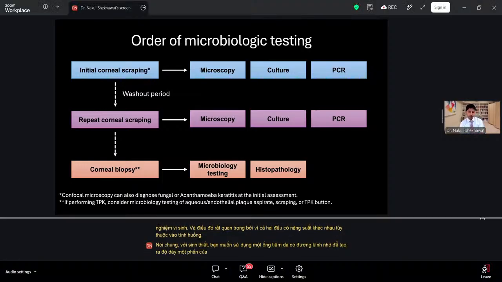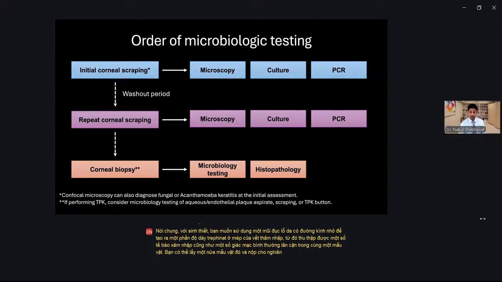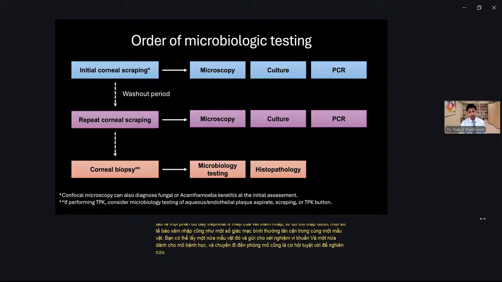So you get some infiltrate as well as some adjacent normal cornea within the same specimen. You can take half of that specimen and submit for microbiology testing, and half for histopathology. And that trip to the OR is a great opportunity to do more deep, careful, and thorough scraping in order to improve your yield. So just because you're doing a biopsy doesn't mean you shouldn't also do scraping yet again.